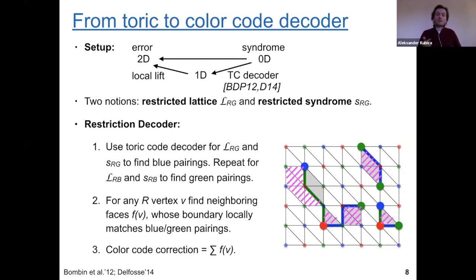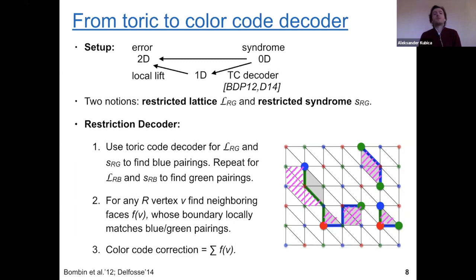And the complexity of finding the subset of faces, the neighboring faces, is constant. It's determined by the number of faces around the vertex, but that number is constant. So the bottleneck of the restriction decoder is the complexity of the toric code decoder.